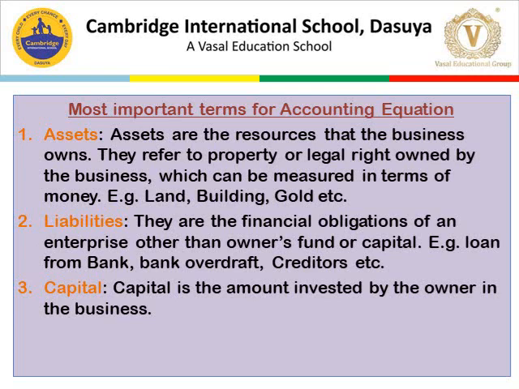Creditors, these are the persons from whom the company has taken goods on credit, and the company has to pay money to the lender in future. They are known as creditors. Third, capital. Capital is the amount invested by the owner of the business.